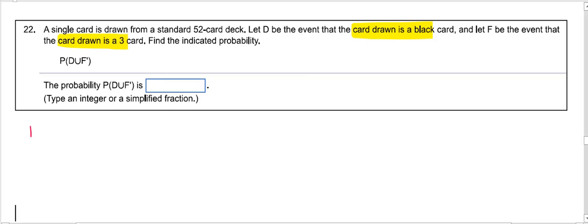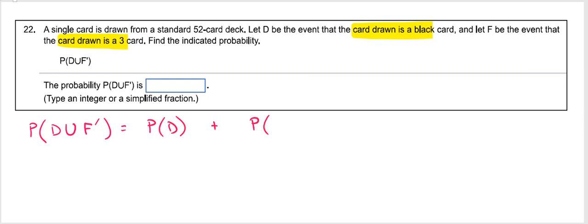Using our formula, the probability of D or not F is equal to the probability of D plus the probability of not F minus the probability of D and not F.